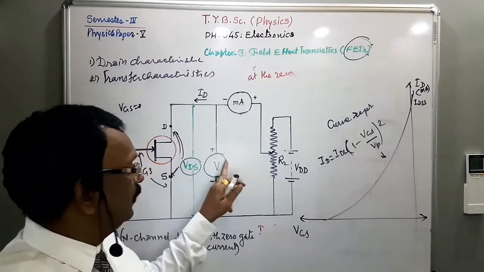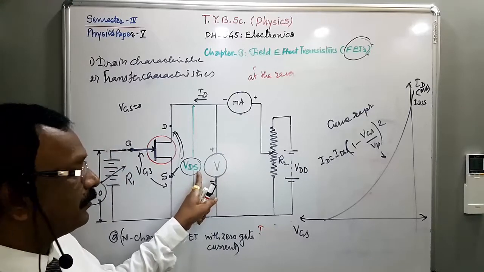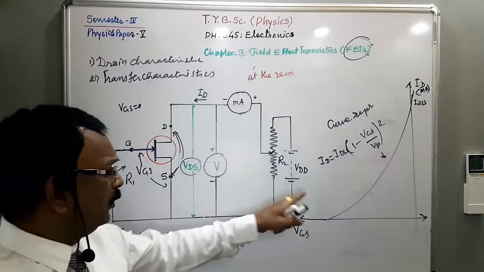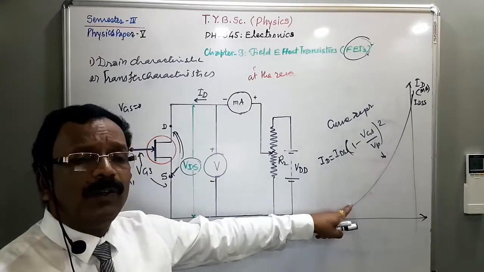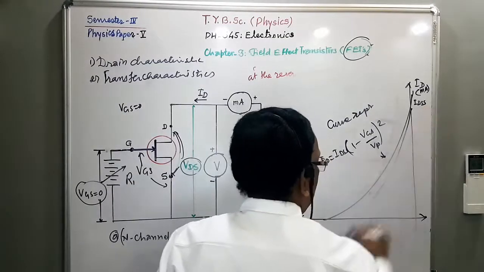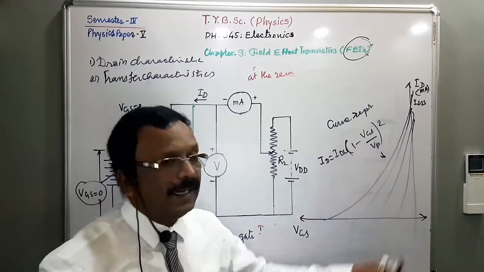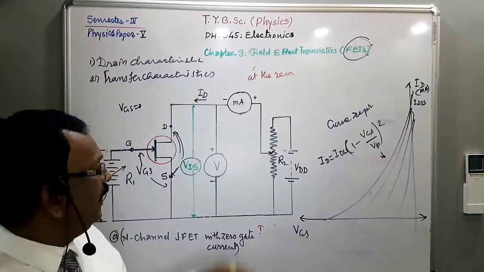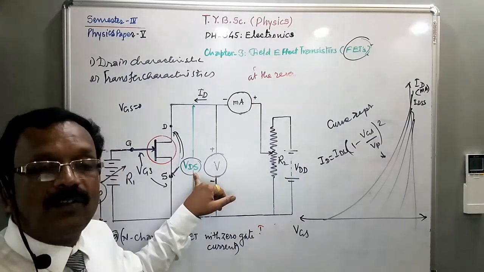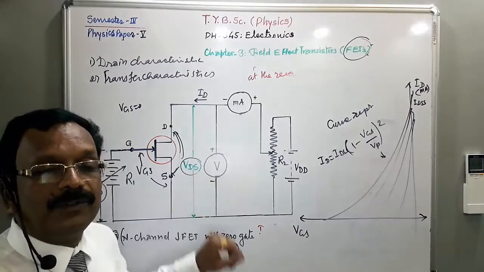Suppose this is for VDS equal to 0.5 volt, now VDS at 1 volt, and the next one. We can obtain different characteristic curves for different constant VDS voltages between drain and source.